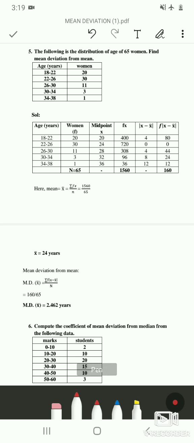For example, let us check how you obtained 44: 11 into the absolute value of 28 minus 24. 28 minus 24 is 4, and 4 into 11 is 44. So calculate for all the values and add, and you get the summation of f into absolute value of x minus x bar, and then substitute it in the formula.